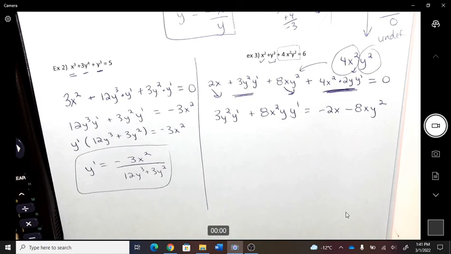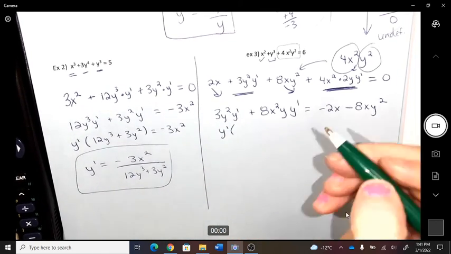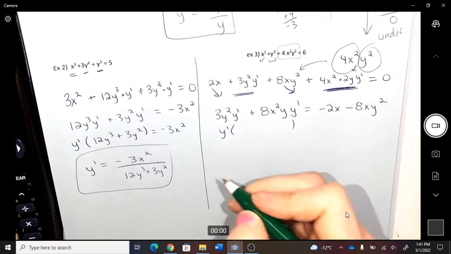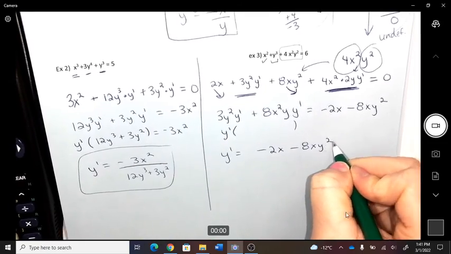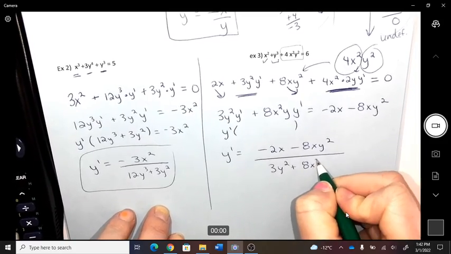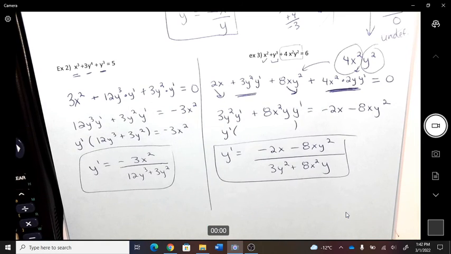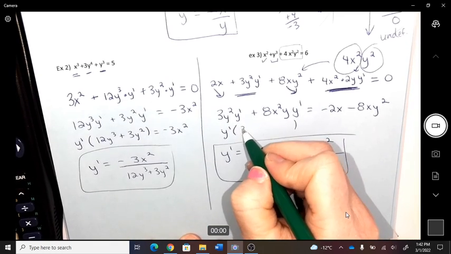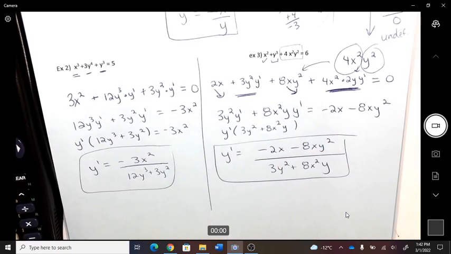Okay? Now I would GCF this out. I'm sure you guys are probably already shortcutting this. Okay? That's it.